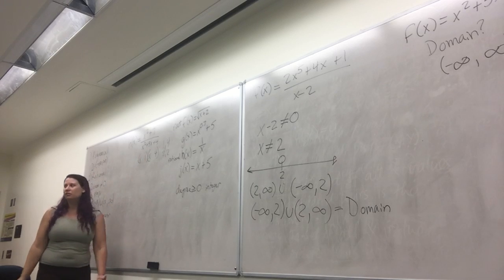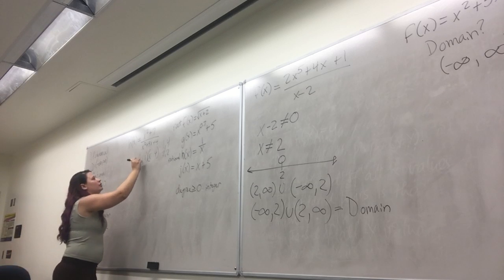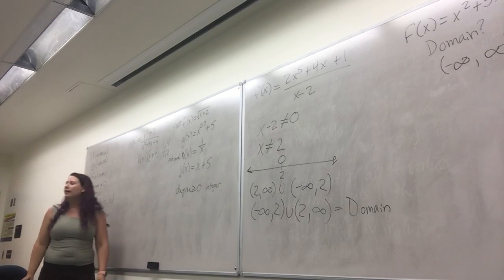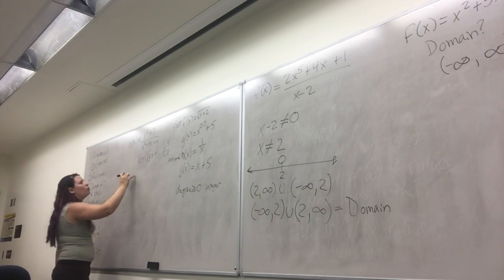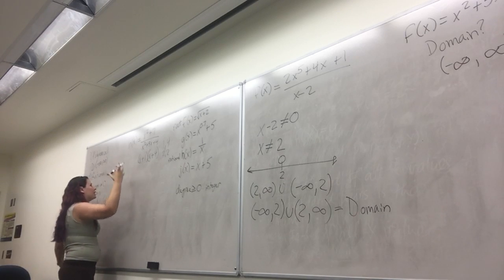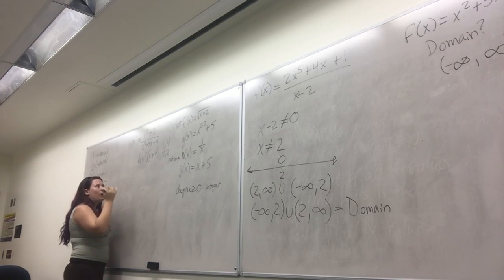What are the signs? Both positive because it's plus 5. So plus and plus. Now what? Make them equal to 0. Or think about them as not being able to equal 0, essentially. Okay, so how do we do that?